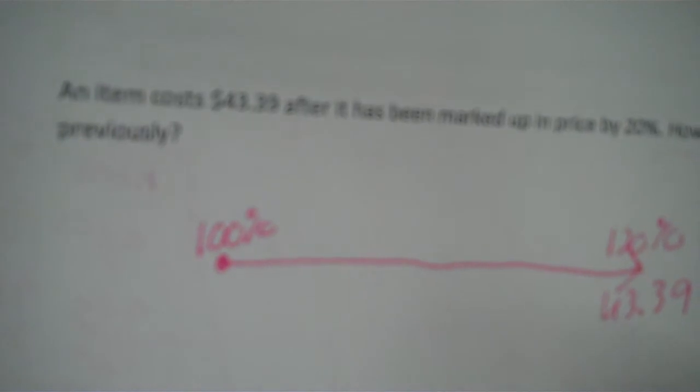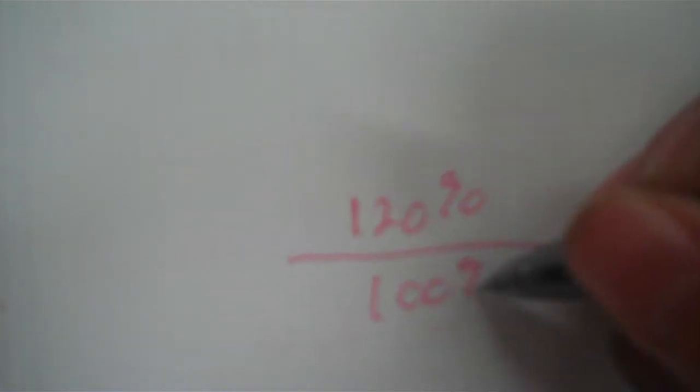So I go to my ratios. I put 120% over 100%, and then 4339 goes with the 120. So since 120 is in the numerator, 4339 is in the numerator. Okay, and then I divide by 120, and that's going to be $36.16.